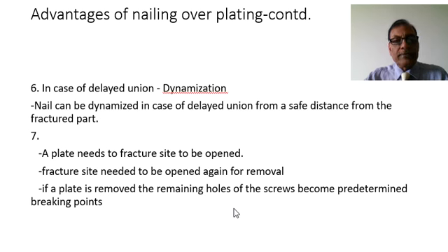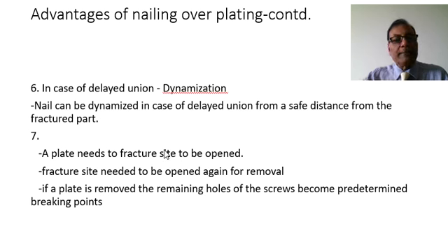In case of delayed union, there is a process called dynamization. So you can do the dynamization in the nail system, but for the plate you have to open the fracture site, remove the plate, redo, and then there are two operations, and opening the fracture site is always fraught with dangers.